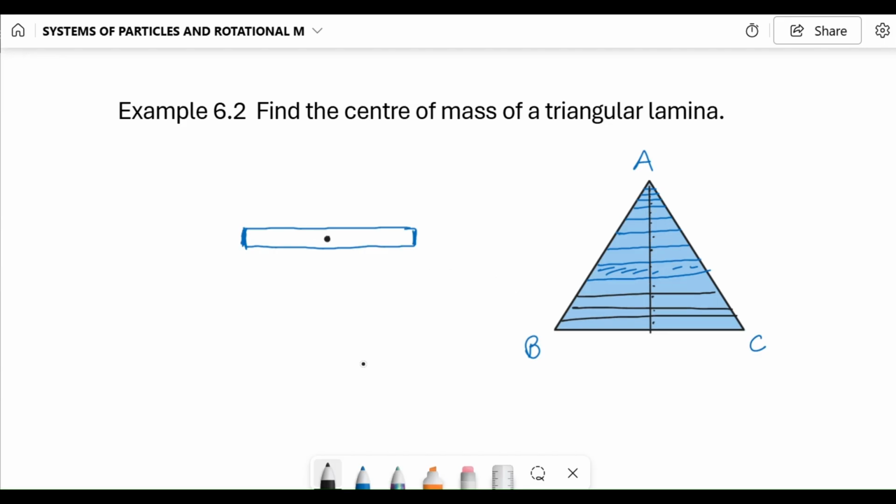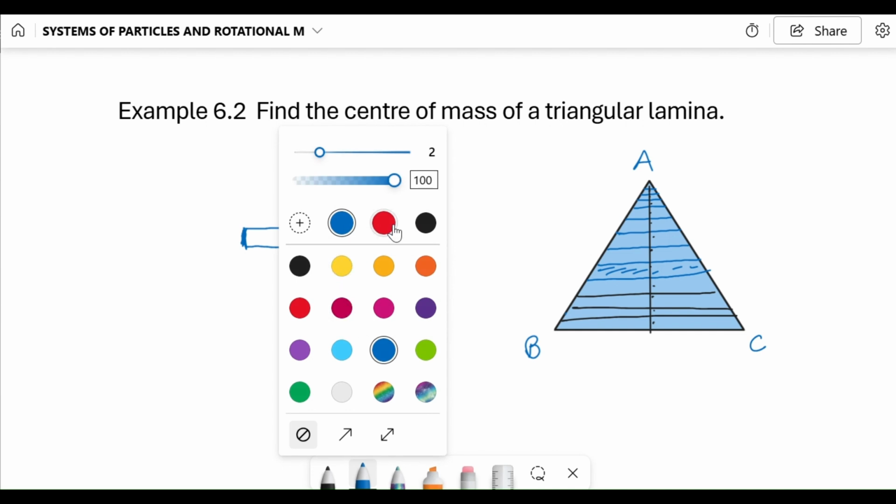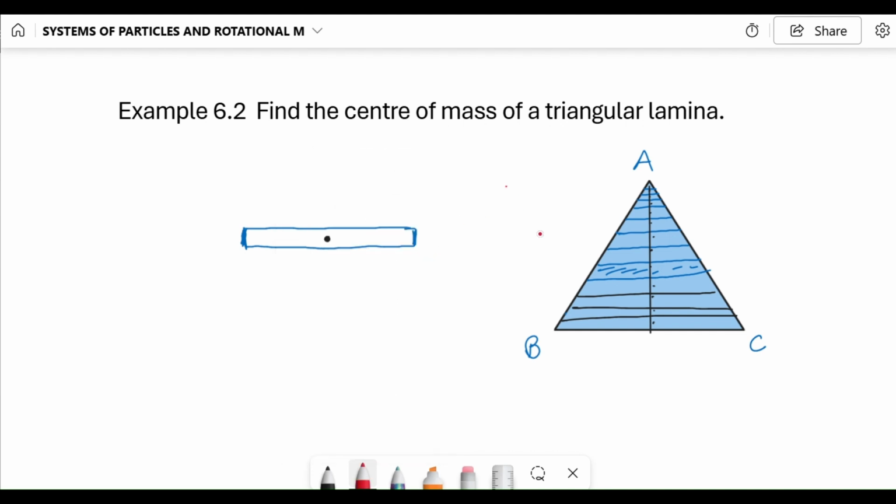Now, we can apply the same approach the other way also. We can divide this triangular lamina into several strips. Let me take another color here, it will be nice to see in different color.